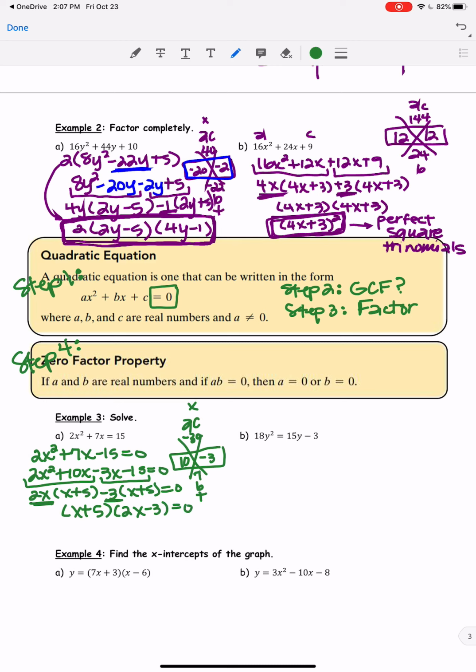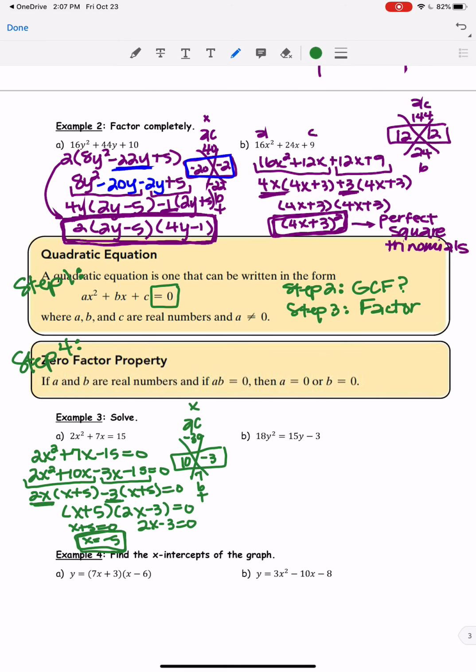Now, because we're solving this time, we need to go to step 4 and use that zero factor property. So I've got x plus 5 equals 0 to get x equals negative 5. And then 2x minus 3 equals 0. You're going to add the 3, divide by 2 to get x equals 3/2 for my 2 answers.